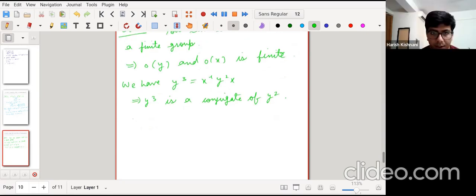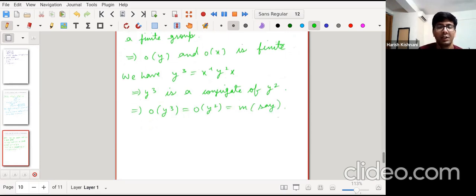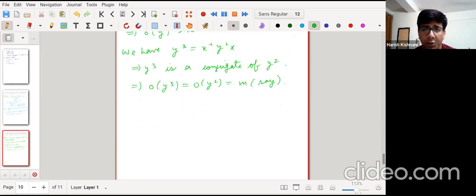That will imply the order of y cube is the same as the order of y square, and let's say it is m. Now what can you say about the order of y?